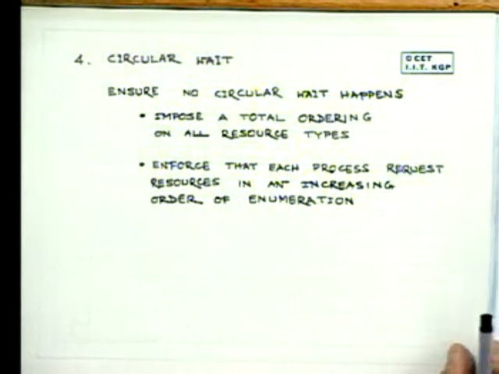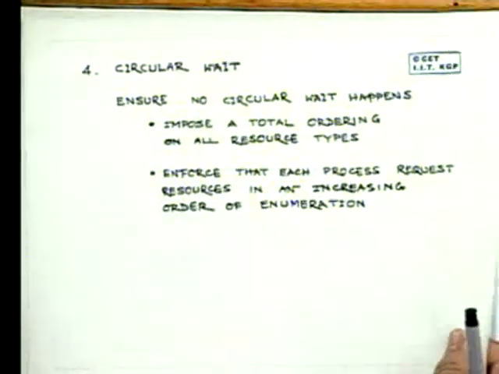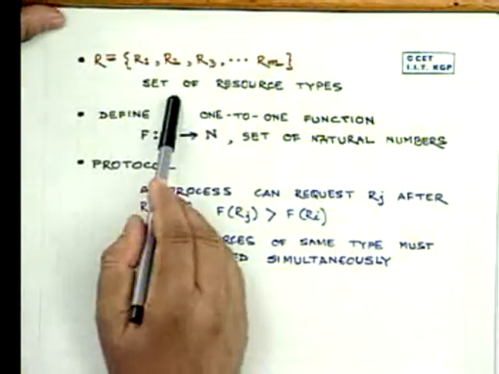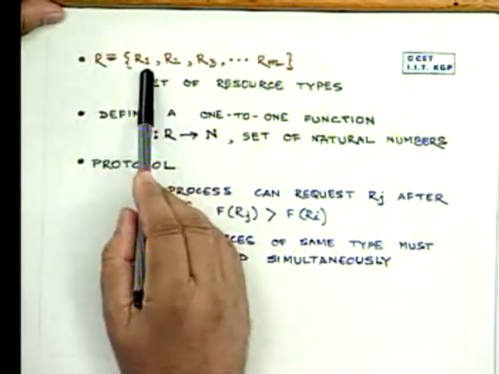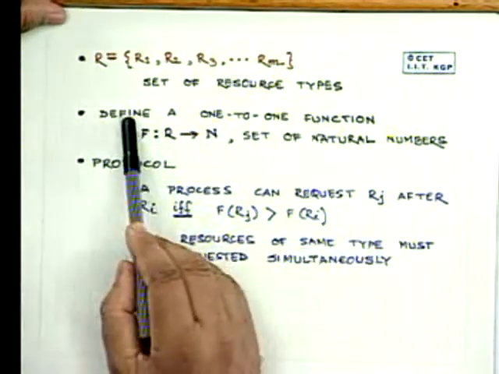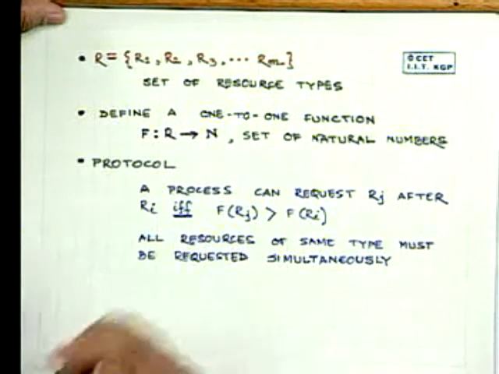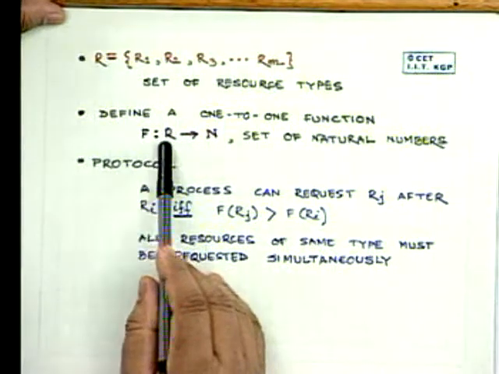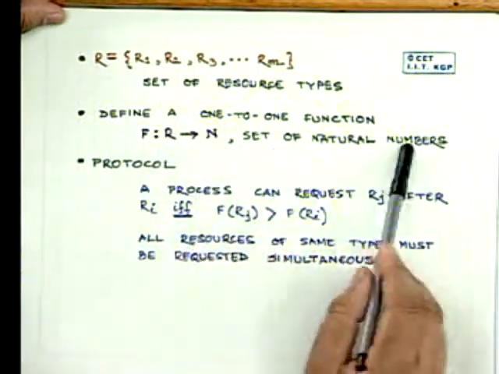Let us see what it means. Let us elaborate it. Say this is a set of resource types R, with m resource types. Now we define a one-to-one function f on R that maps onto N, the set of natural numbers.